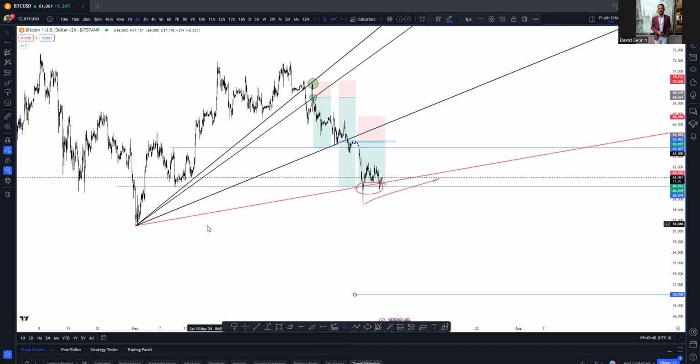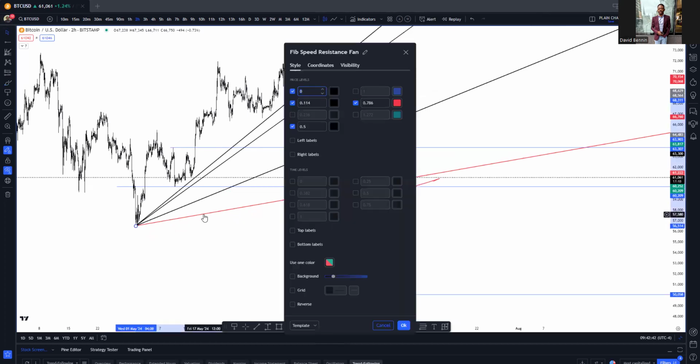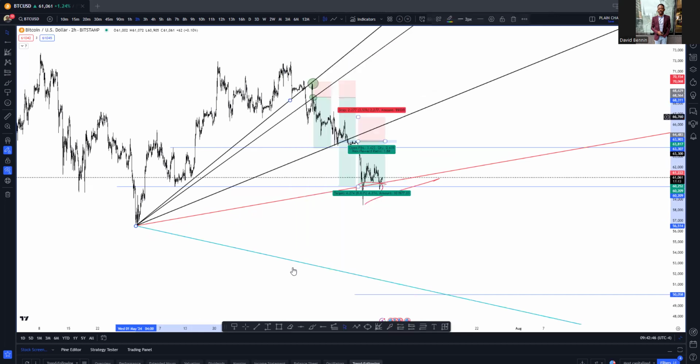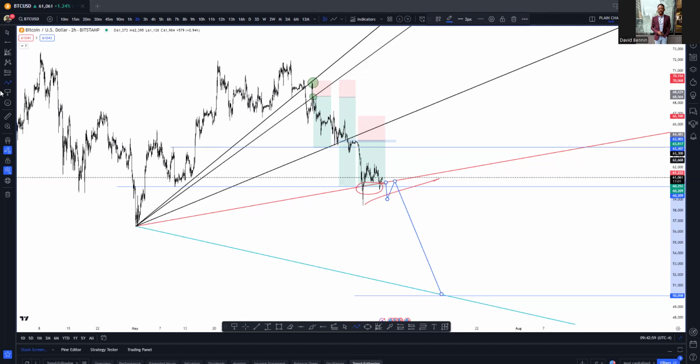Let me see, 1.272. Yep, that is TP2. If we break out of here, boom, that's the next level. So if you want to wait, that is what you are waiting for.